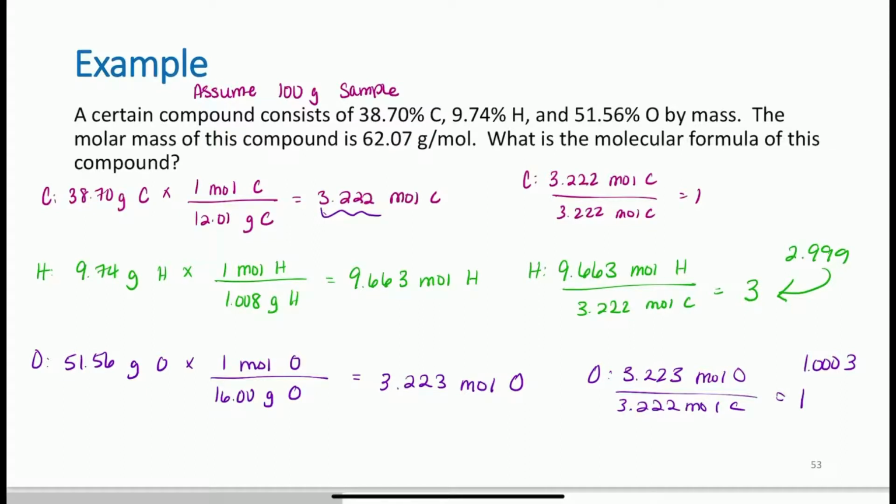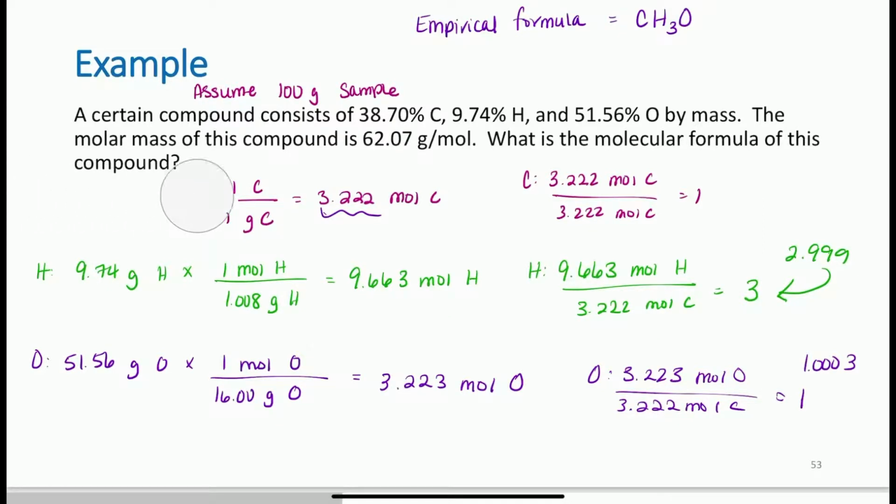So 1. What I see here, though, is that my empirical formula is equal to one carbon for every 3 hydrogens and 1 carbon for every 1 oxygen. So CH3O.